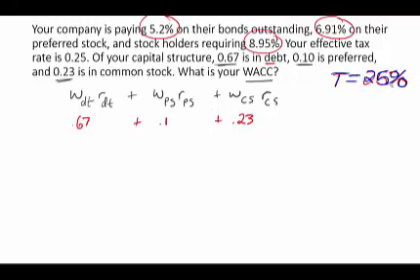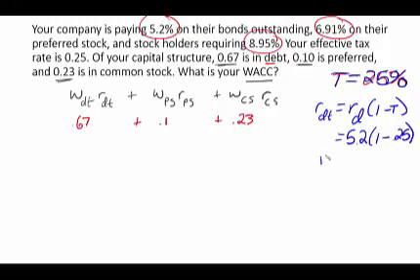That means we get a tax break on paying interest. And remember, we only get that break on interest. So to find our RDT, that is equal to RD multiplied by 1 minus our tax rate. RD in this example is 5.2, times 1 minus 0.25. So that means that RDT here is equal to 3.9%.